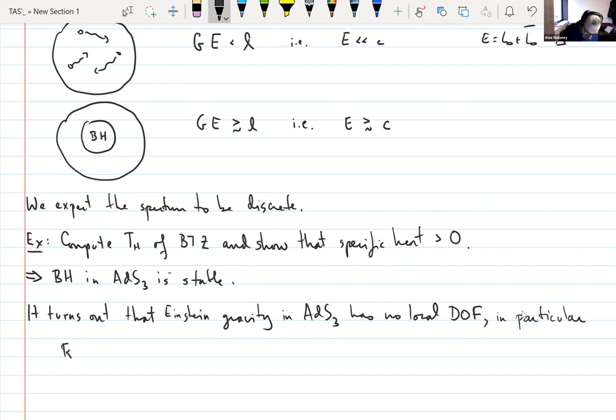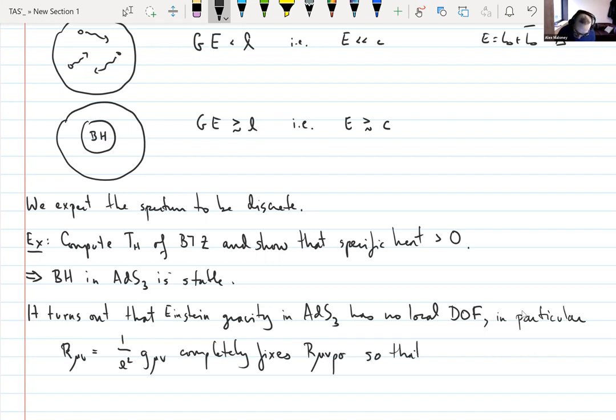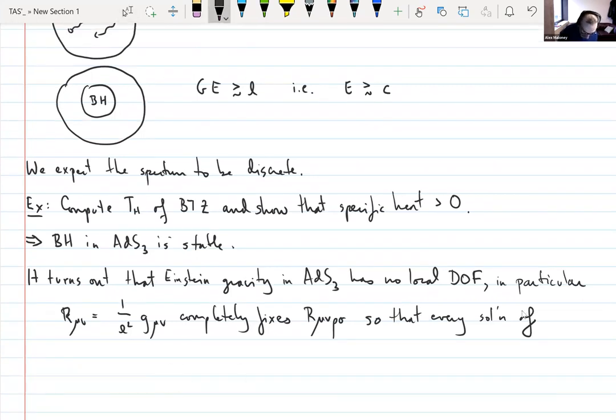And in particular, Einstein's equation, which says that R mu nu is proportional to the metric, completely fixes the Riemann tensor, so that every solution of, let us call it pure general relativity, that is to say general relativity with no matter present, is locally AdS.